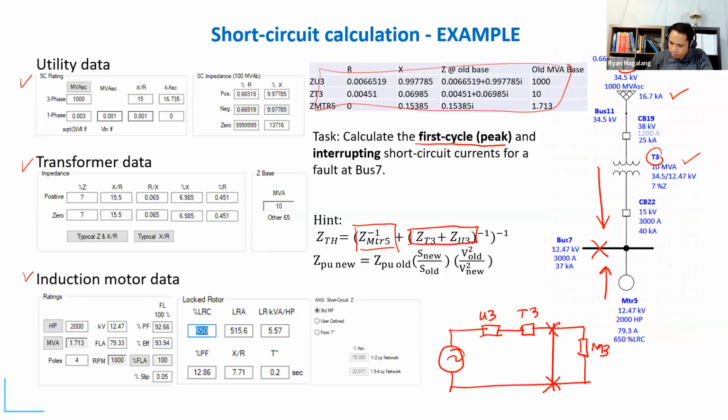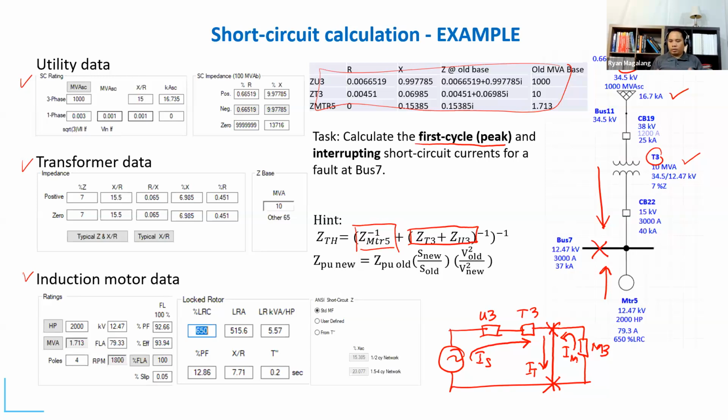This is where your bus 7 is located. So your utility will contribute to the fault in this manner, while your motor, because temporarily it will act as a generator during fault inception for 2 cycles or so, will contribute to the fault like that. And then your fault current is this total, your I total. This is the contribution from your source, and this is the contribution from your motor.